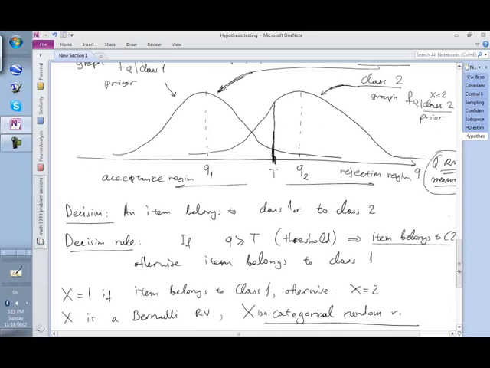That would be exactly the type 1 error, because it's like hypothesis testing: I can say the null hypothesis is that the item belongs to class 1, then the alternative is that the item belongs to class 2, because an item will belong either to class 1 or to class 2.